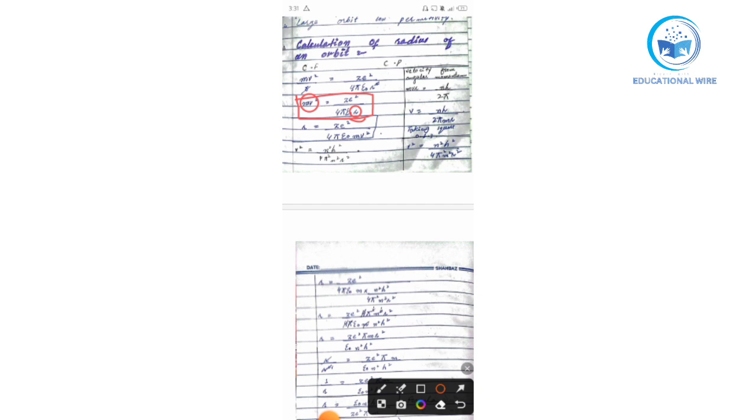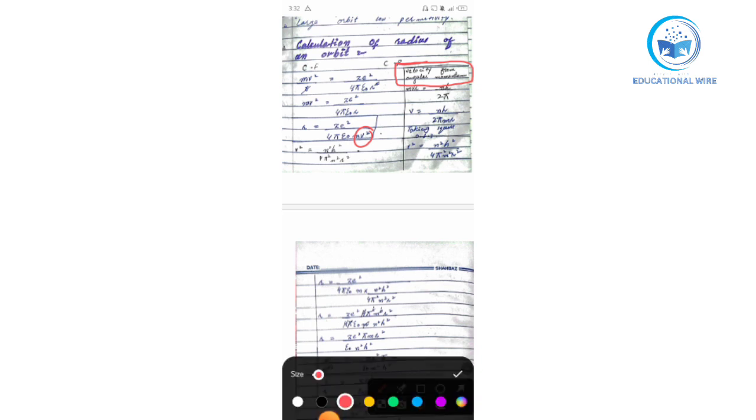When it goes to the other side, it will multiply with mv square. So mv square and r change their positions, because we have to find the radius. So r comes over there, and mv square, which was multiplying over here, goes in the place of r and is dividing. Okay, so let's move further.